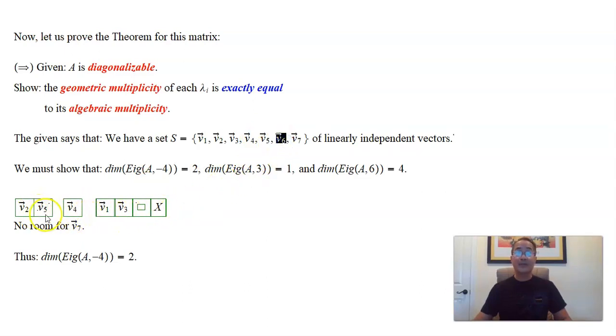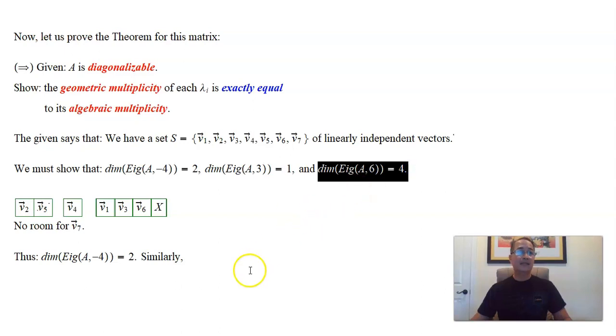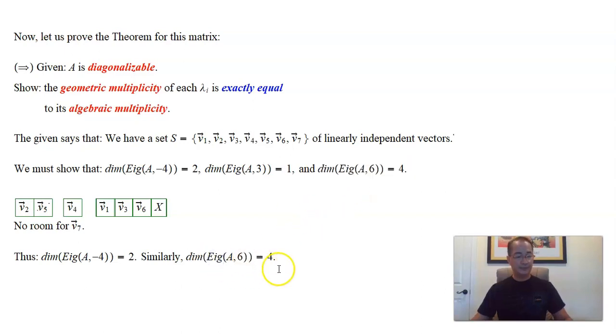V6, I am out of room here, I am out of room here. I can only put V6 over here. And once again, there is no room for V7. So, similarly, the dimension of the eigenspace for lambda 6 must be exactly 4.